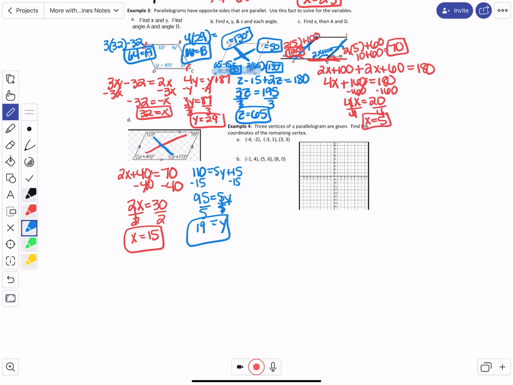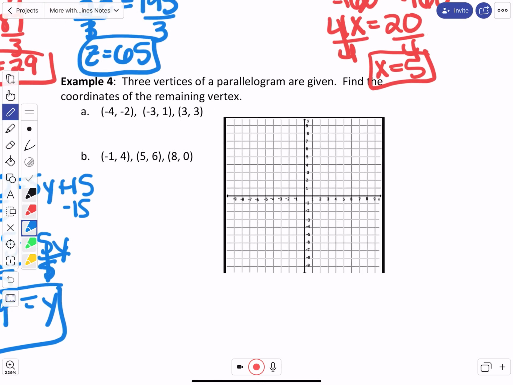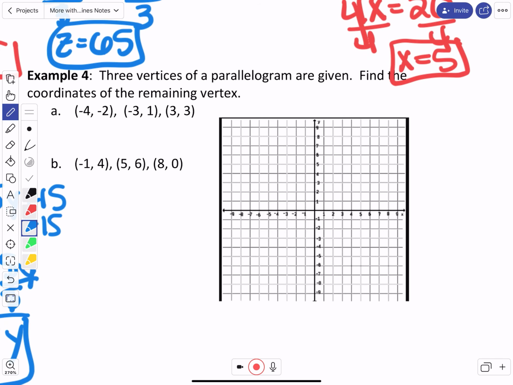Okay, so now one that looks a little bit different. Three vertices of a parallelogram are given. Find the coordinates of the remaining vertex. Okay, so let's zoom in and make our graph a little bit bigger here. When you're given a problem like this, you need to plot the points on a grid so you can see where they are, because we're going to have to use slope.